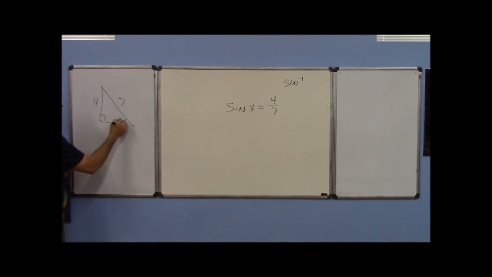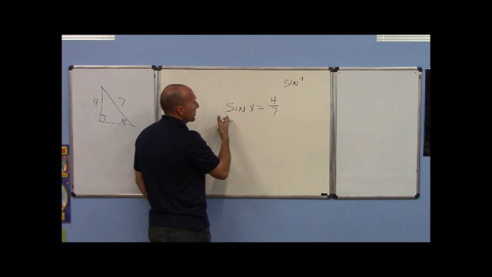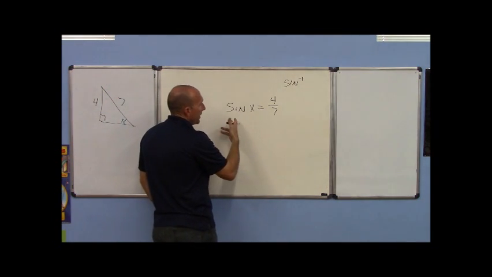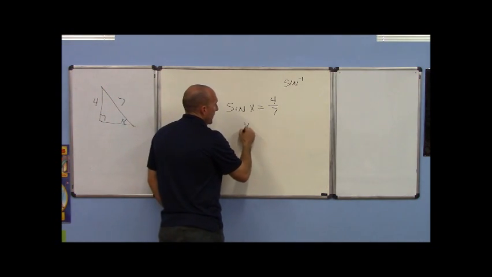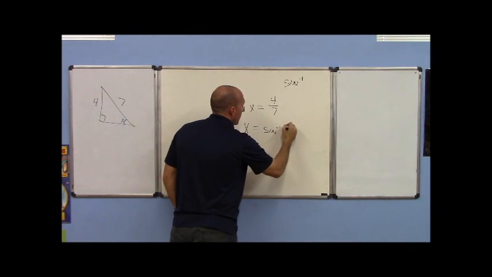We are looking for this angle x here. Because the sine is opposite over hypotenuse, what is the measure of this angle? Well, whenever we're essentially dividing by a sine, x is going to equal the arc sine of 4/7.